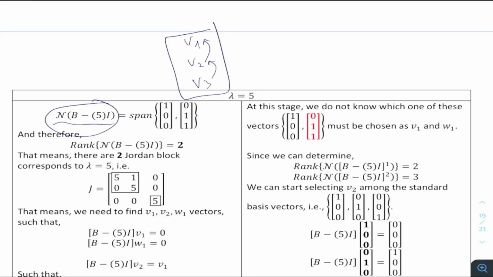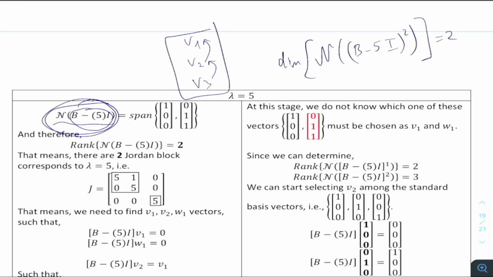And if you find this equals 1, and then if you find the square of that term, the dimension of the null space of B minus 5 times identity, you find this as 2, and again the same, and also if you find this, then you would get to write that chain form.